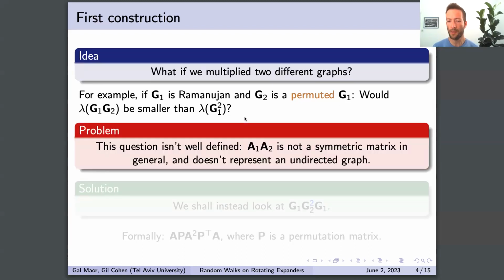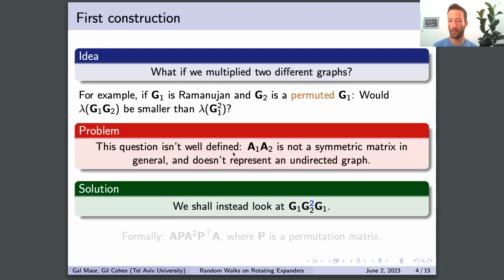And the problem is that this question isn't quite well defined, as if I multiply 2 symmetric matrices, the product is not guaranteed to be symmetric. So this is not even an undirected graph, what I defined here. And in order to ask the proper question, I instead look at G1 G2 G1, which is guaranteed to be symmetric, and I square the middle graph for reasons that I won't get to in this video. In matrix form, this looks like this.